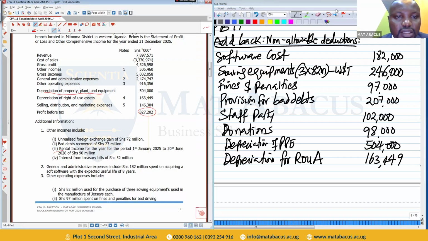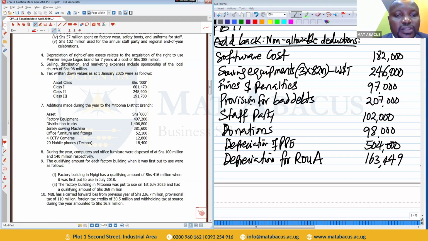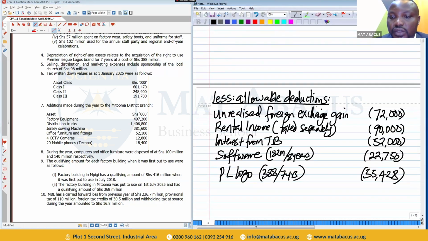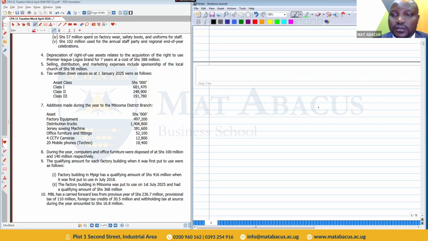Then after that, the question goes ahead to give us the tax written down values in each class. So we shall go down and have workings.